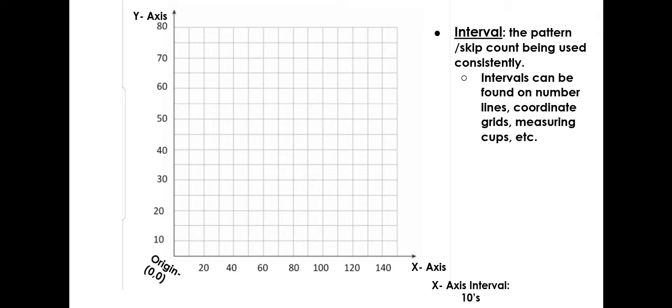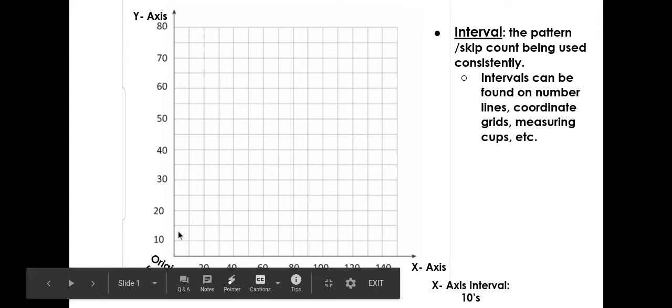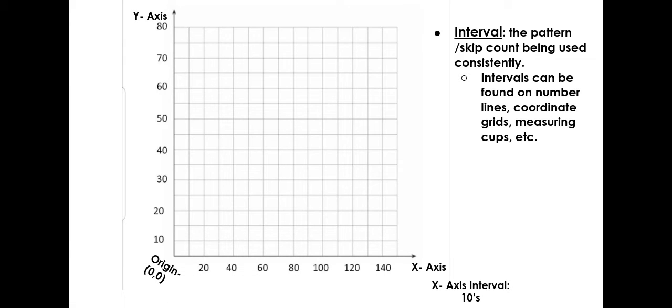So that tells me that I'm not going up by tens, I'm going up by something else. So if that number would be 15, I'm going up by possibly fives. So 10, 15, 20, 25, 30, 35, 40. That works. So the intervals for my y-axis are going up by fives.